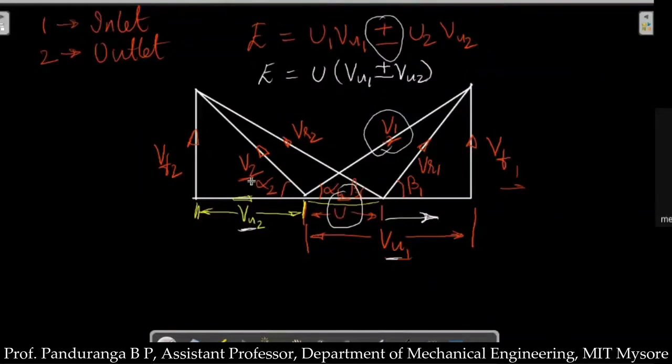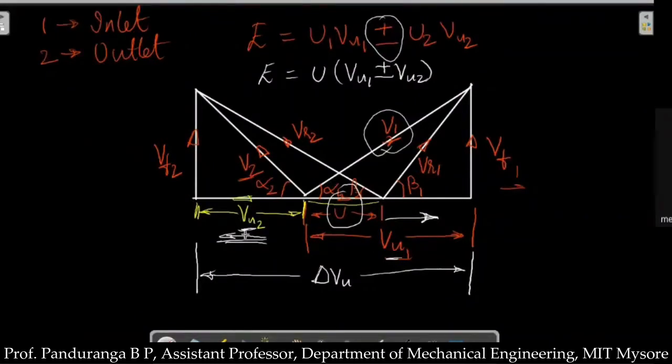Now look at v2. v2 is moving towards the left and upward, so the direction of the horizontal component vu2 will be towards the left. Now both are in opposite directions. In vectors, when both are in opposite directions, we have to add. So the total of vu1 and vu2, I'll call delta vu, and that is this entire length.